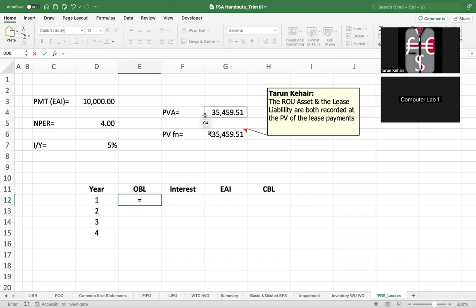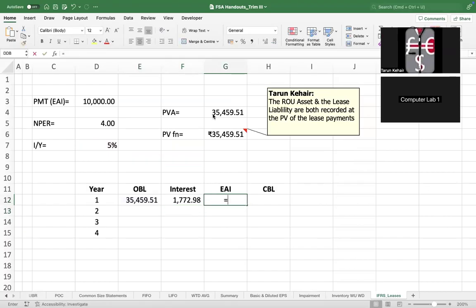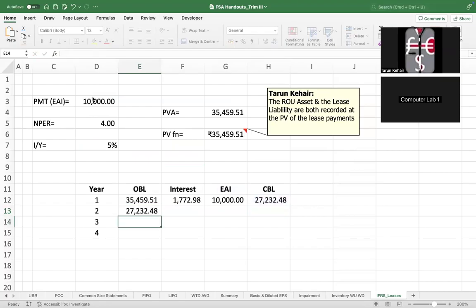Opening balance of the loan we just found is 35,459.51. The interest charged in the first year will be 5%. The equated annual installment will again be 10,000. And the closing balance of the loan will be opening plus interest minus EAI. This becomes your opening balance of the loan for the next year.